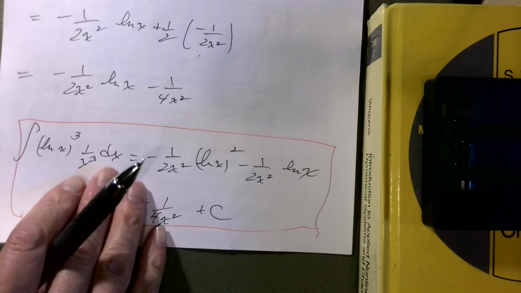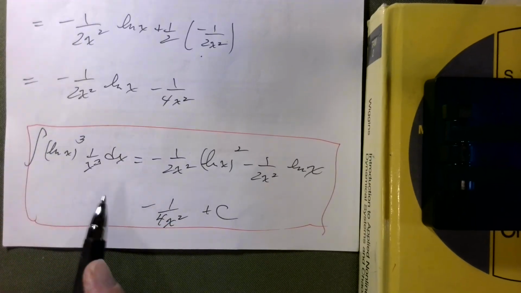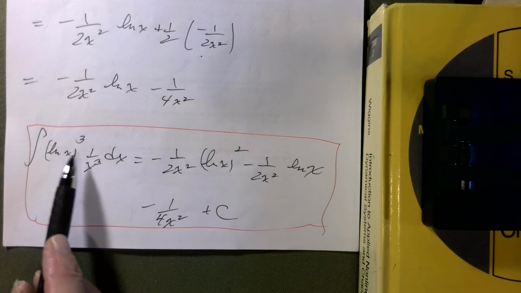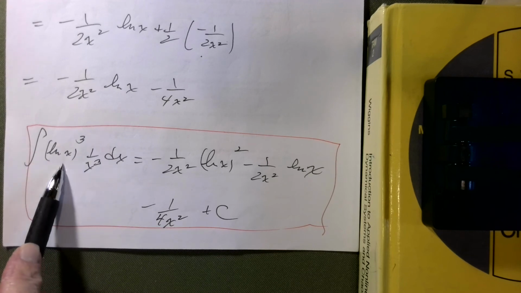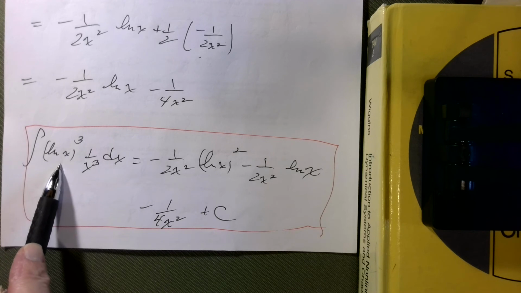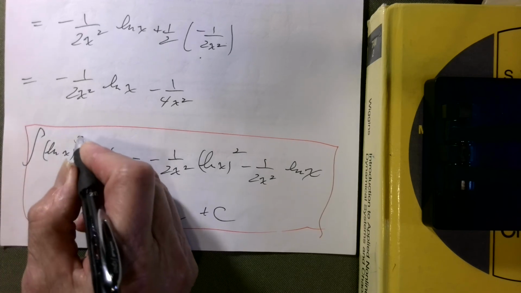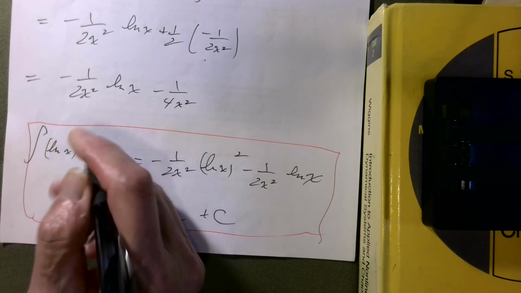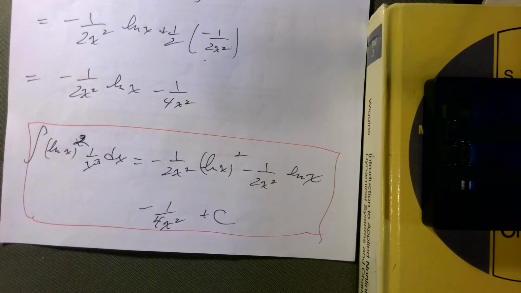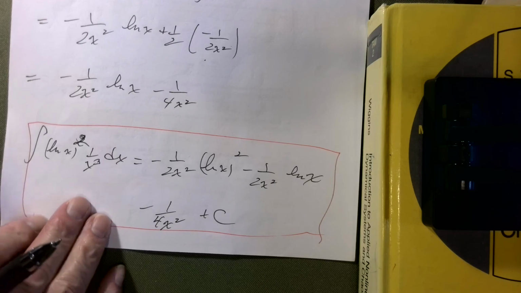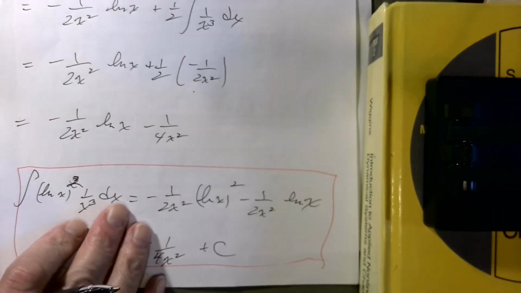So notice we had to do integration by parts several times. Okay? And what was happening is, excuse me, this should be a squared. So we need to correct that in the notes. So what's happening here is integration by parts.